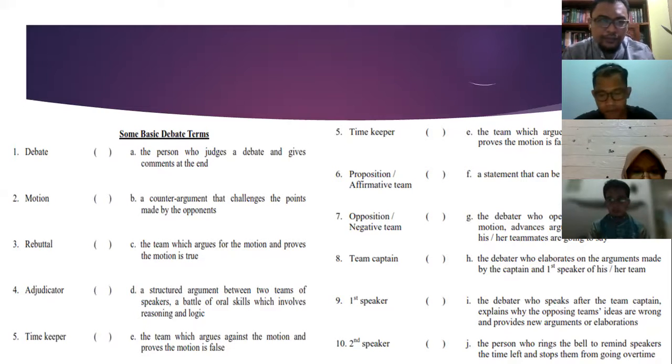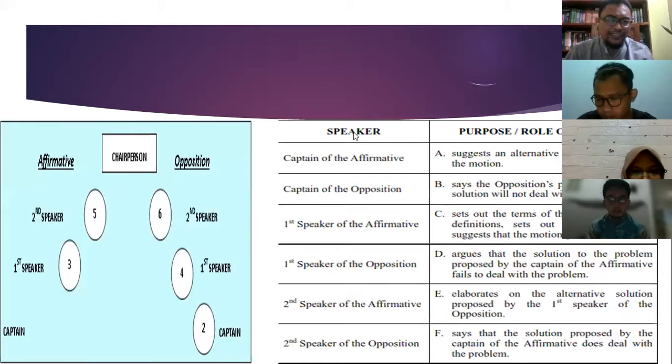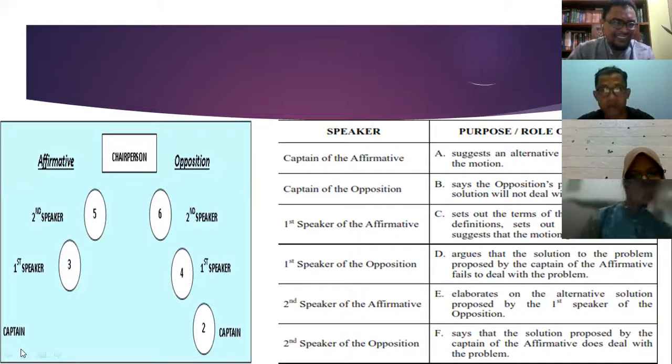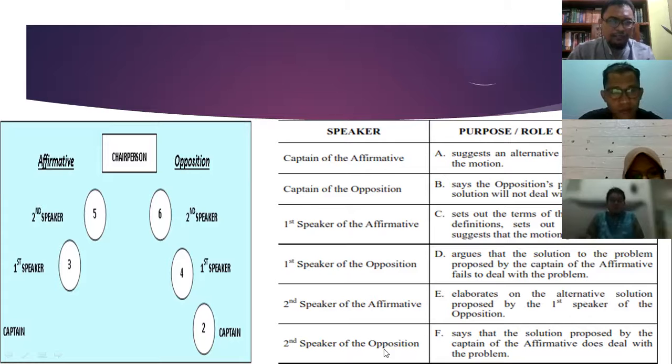Right, so let's try to go to the next. Okay, here, so these are the speakers. So it's the captain number 1, 2, 3, 4, 5, 6, and the chairperson over here.